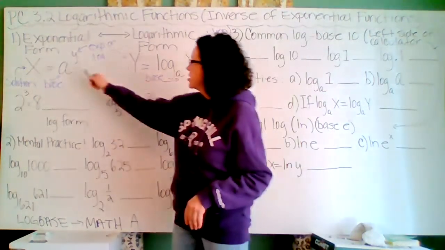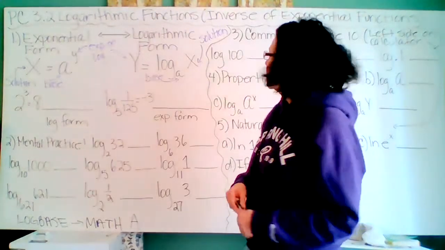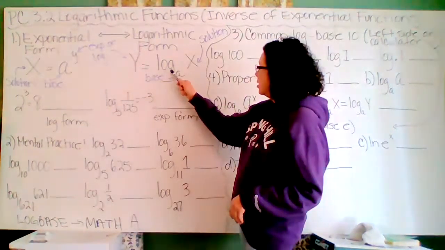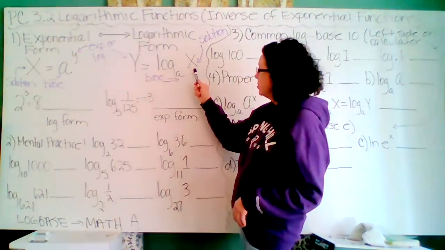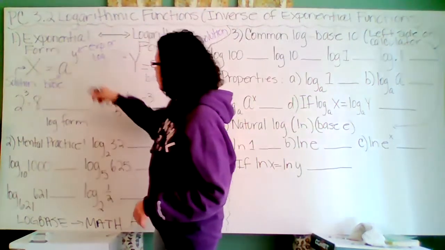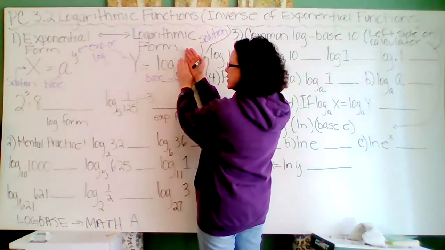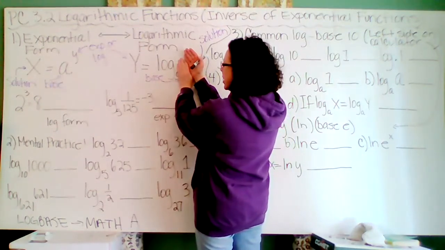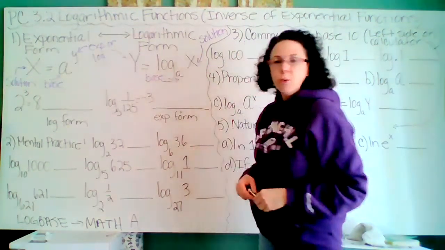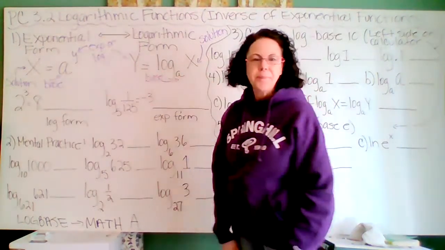Notice that in both expressions, the base is at the bottom, just like all bases are. So log base A of the solution equals Y. Notice we said over here that Y was the exponent. And if you just close this off, that's what it says. It says Y is the log, Y is the exponent. And so the way you say this is log base A of X is Y.